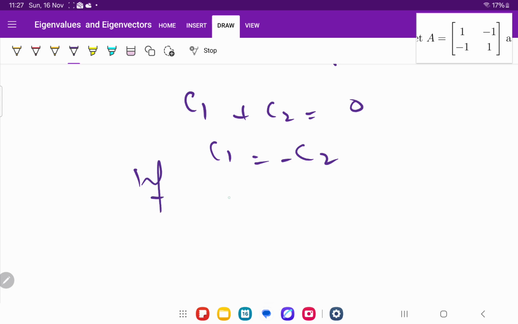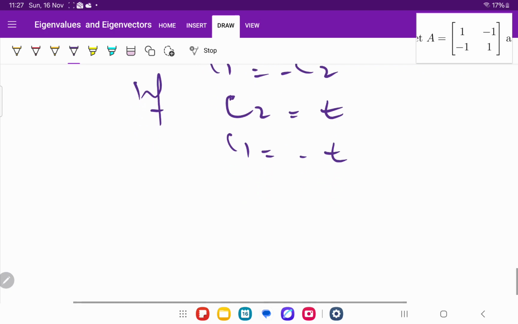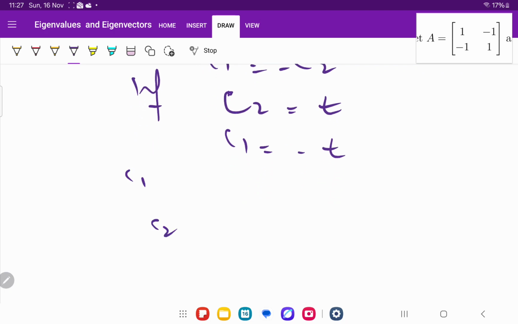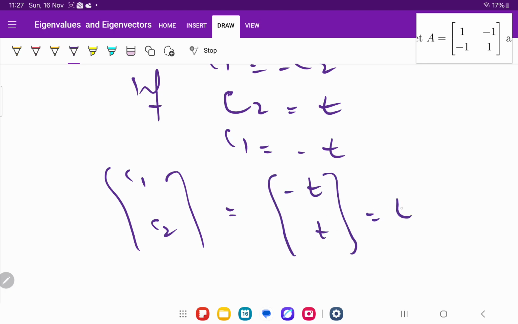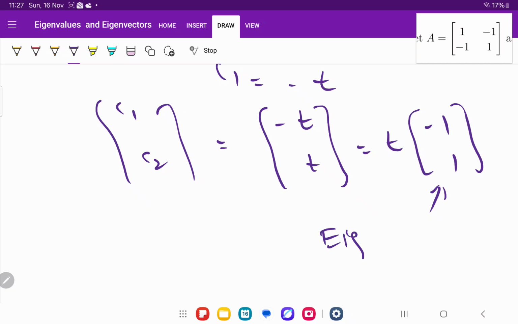If C2 is equal to T, then C1 is equal to minus T. So C1 and C2 equal minus T and T. T will be outside, so (minus 1, 1). That is called the eigenvector. So the eigenvalues and eigenvectors question is completed at this step.